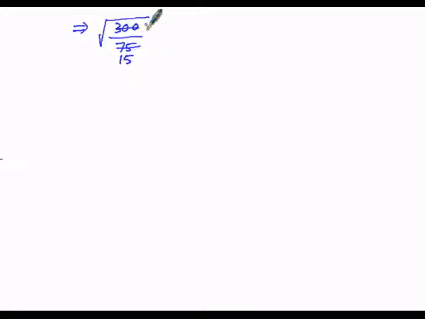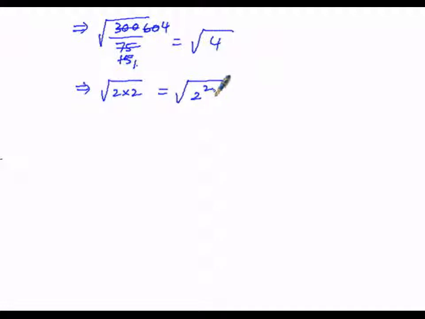In the numerator 5 sixes are 30, then this 0 is kept as it is. Then 15 ones are 15, 15 fours are 60, so that equals under root 4 by 1, that is 4. So 4 can be written as 2 square, or 2 into 2, then root of 2 square, in the index form the square and root get cancelled, and that equals 2. So in this manner I got this T value, therefore T is equal to 2.